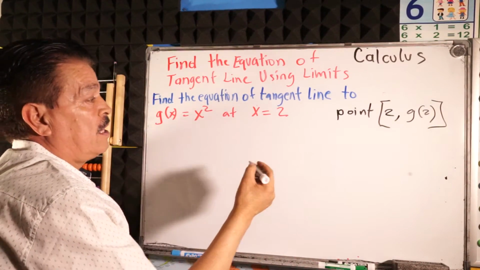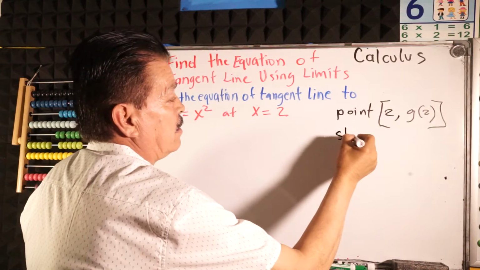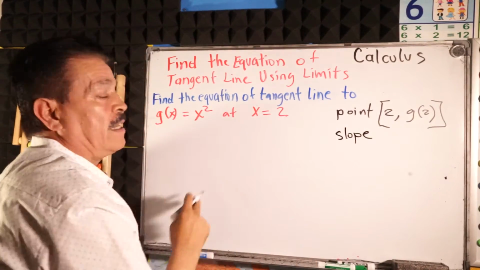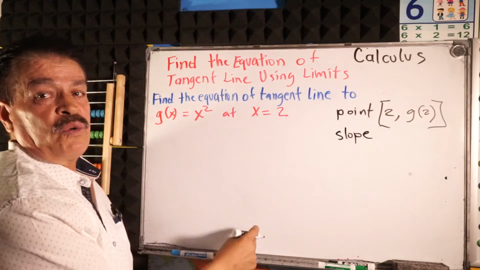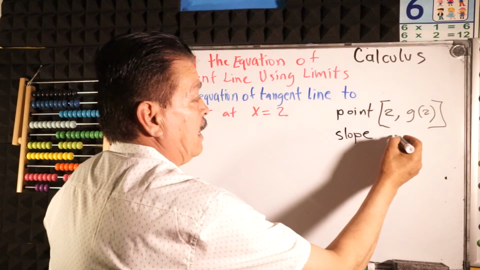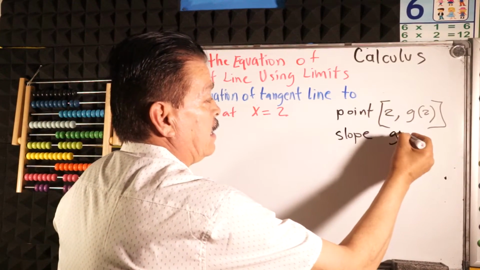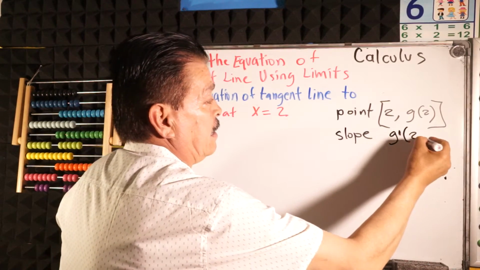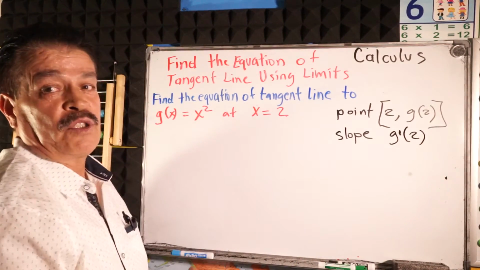The slope of this line is equal to g prime of 2.